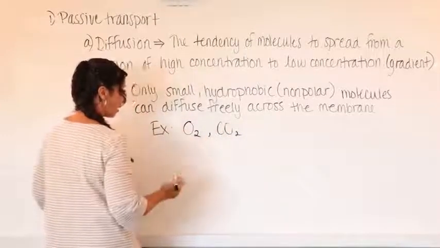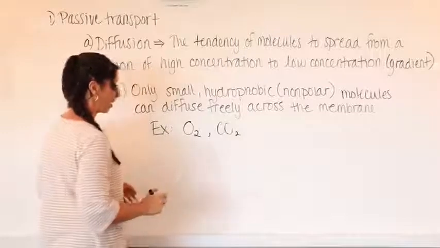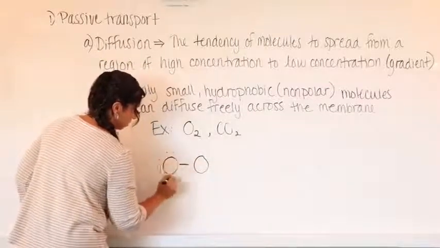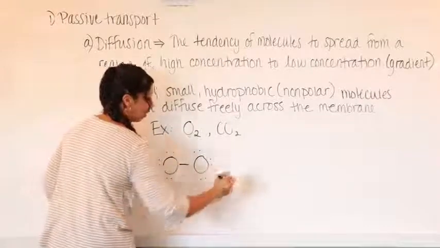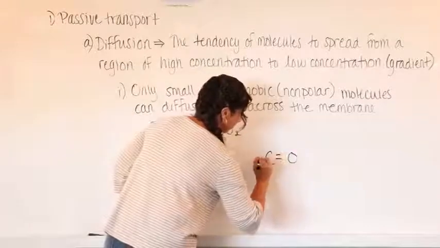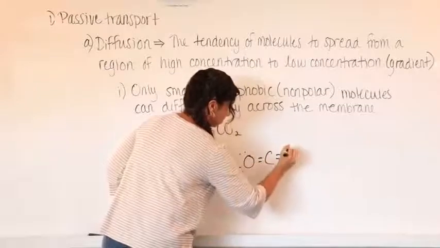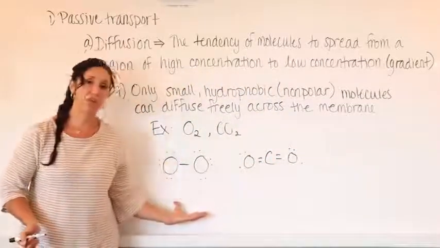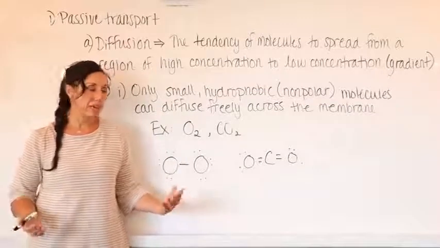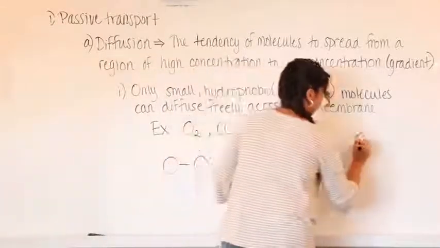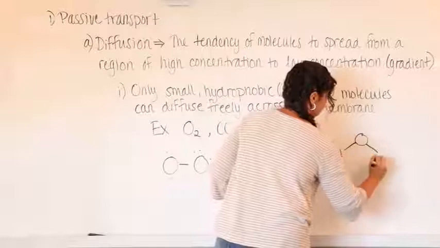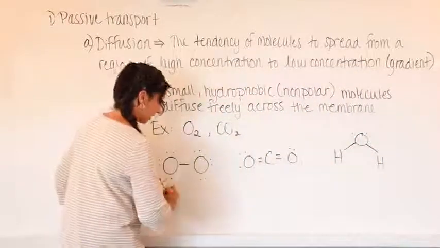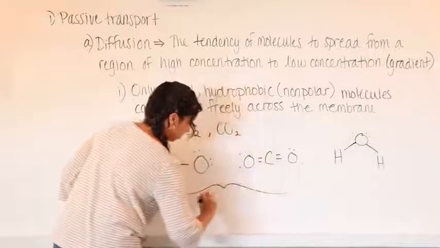If you look at the structures of oxygen and carbon dioxide, oxygen looks like this, and carbon dioxide looks like that. These are hydrophobic, they're non-polar. Compare that to the structure of water, like that.